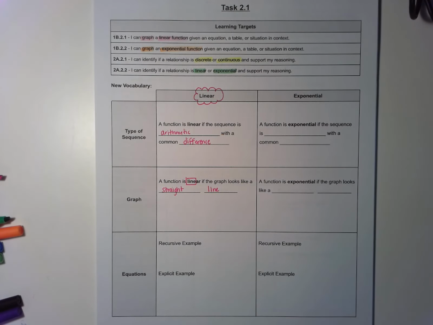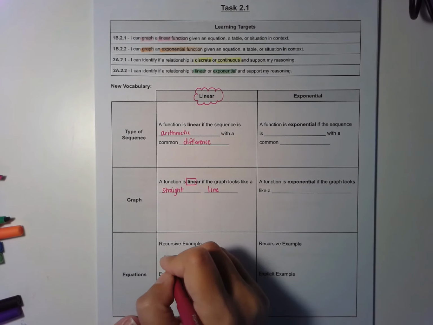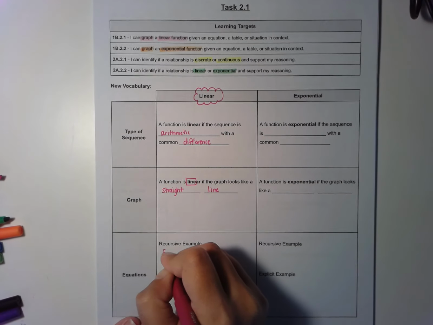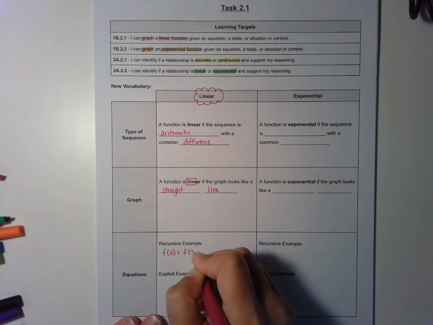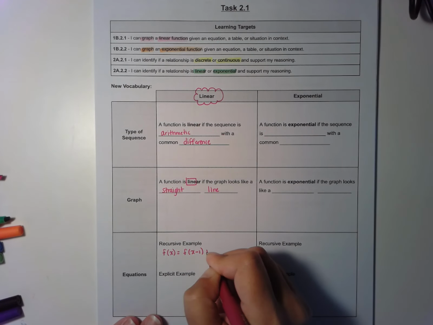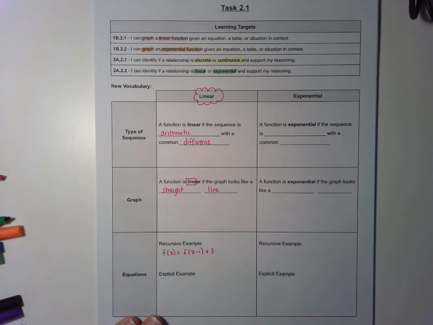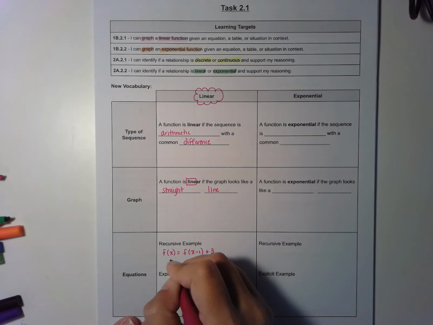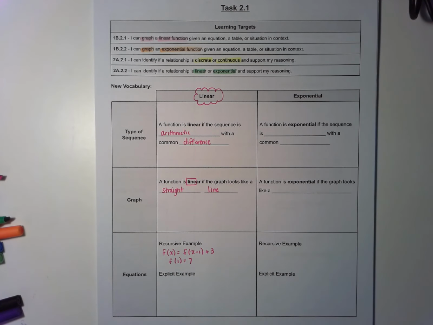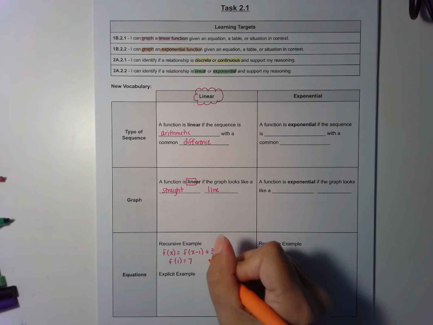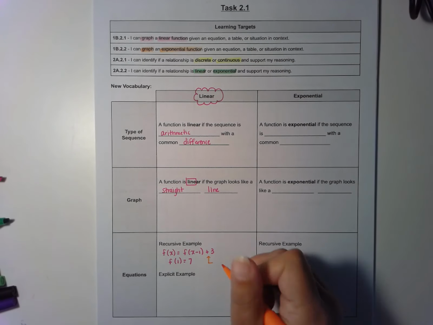Now we can also write equations. An example of a recursive equation for a linear sequence would be something like this. f(x) = f(x-1) + 3. And let's give it a starting term. Hold on. f(1) = 7. I'm just making this up. The reason that we would know that this is a linear sequence is because we can see here at the end that the pattern is adding 3 each time.